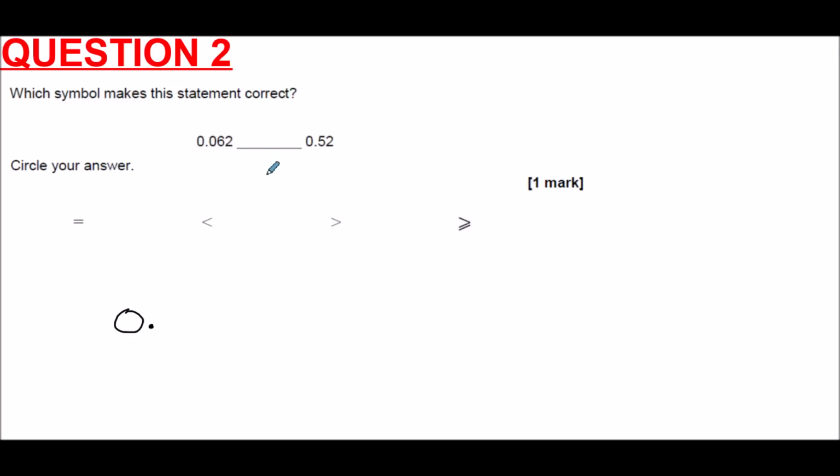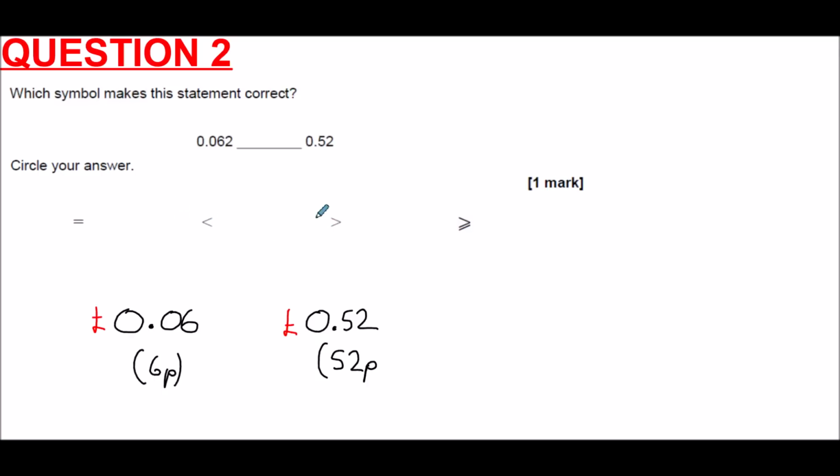And money is something we use most days, so that'll make it easier. 0.062 is roughly 0.06. So that's about 6p to the nearest penny, that would be. Whereas this one, 0.52, in terms of money, would obviously be 52 pence. If you just imagine an invisible pound sign at the beginning.